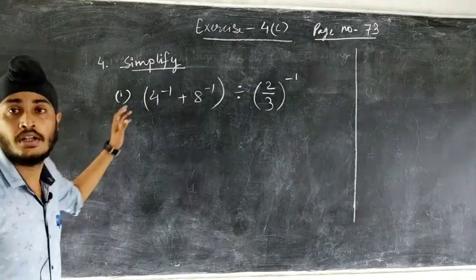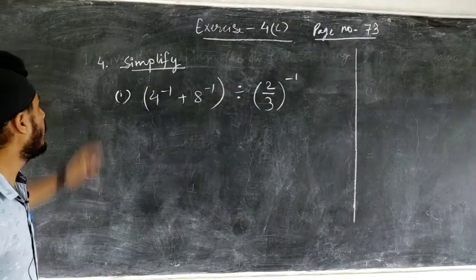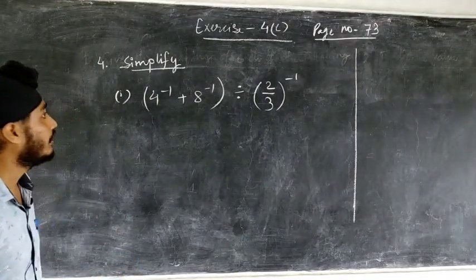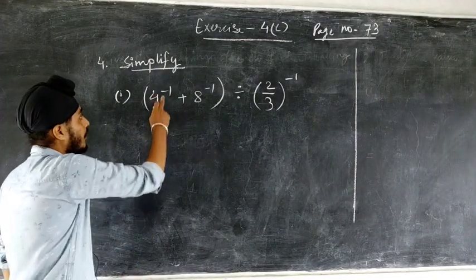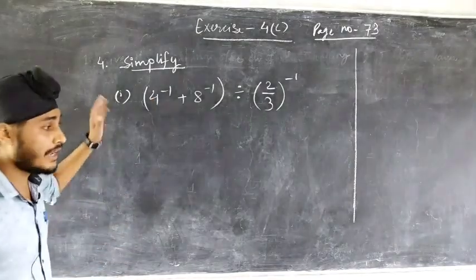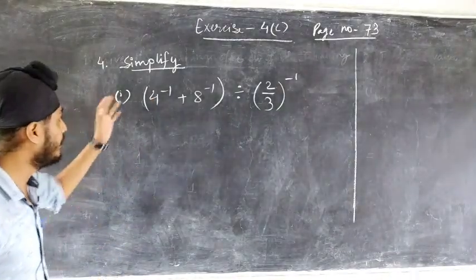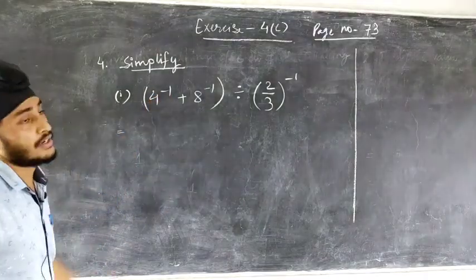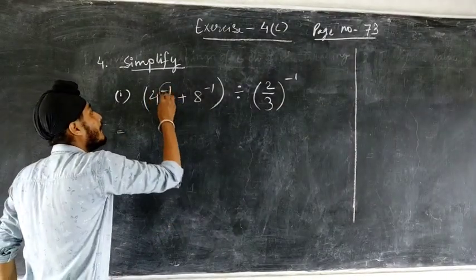So students, now we'll do question number 4, question number 1, simplify. So how to simplify? Now I think we have understood the concept of when the power is -1, how to remove this -1. With the help of that concept we'll simplify this expression. So 4 raised to -1. In order to remove this -1, what will we do?